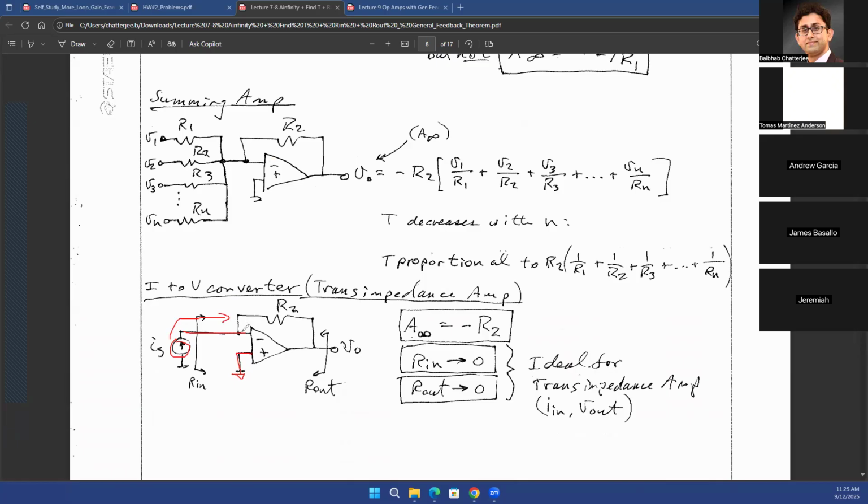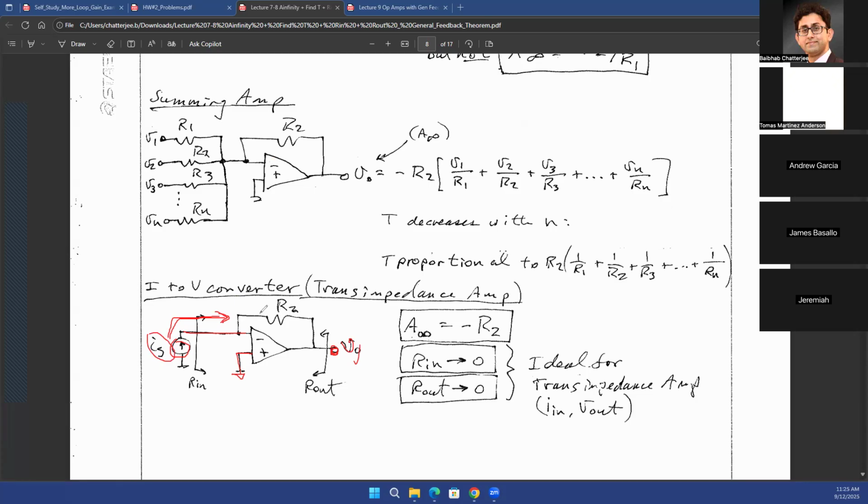if you want to find out the R in and R out as well as A infinity. When you're trying to find A infinity, it's whatever current is flowing in, and eventually what is the voltage that you see at the output side, what is the ratio between this voltage and the current. Your output is a voltage, your input is a current.